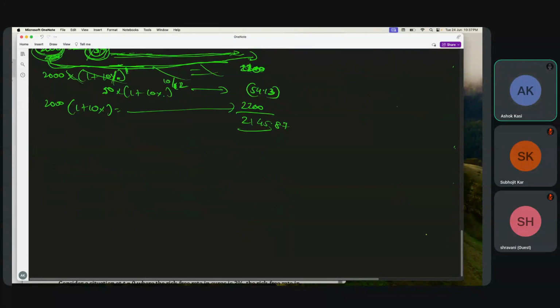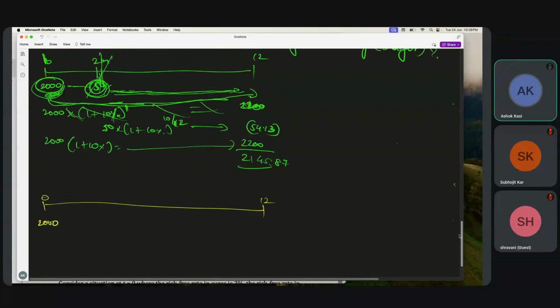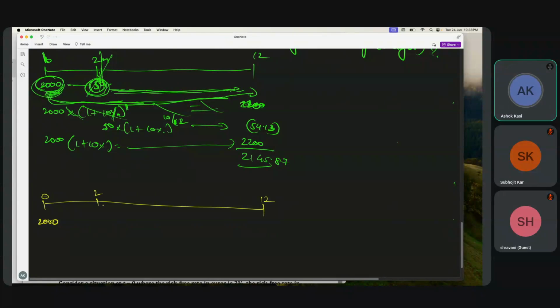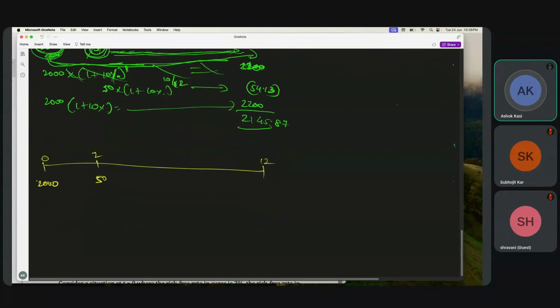Another way to do this: 2000, and in the second month it is 50 rupees. So I know that this 2000 is not very pure. So I am calculating the present value of 50. Present value of 50 is 50 divided by 1 plus 10 percent raised to 2 by 12, since it is 2 months away.